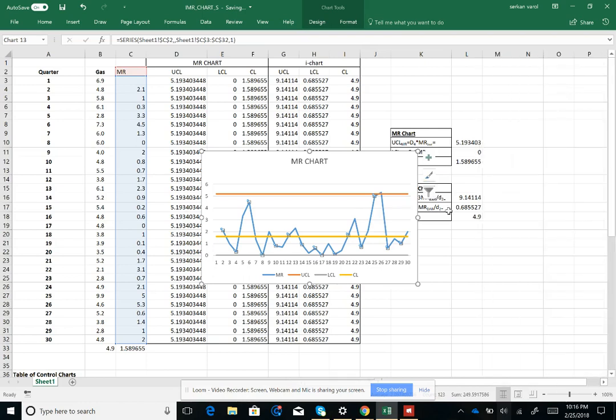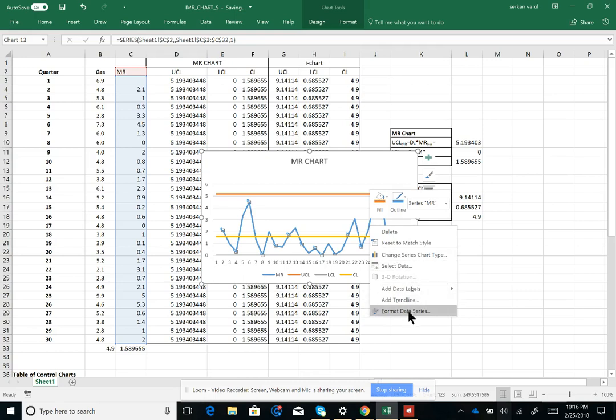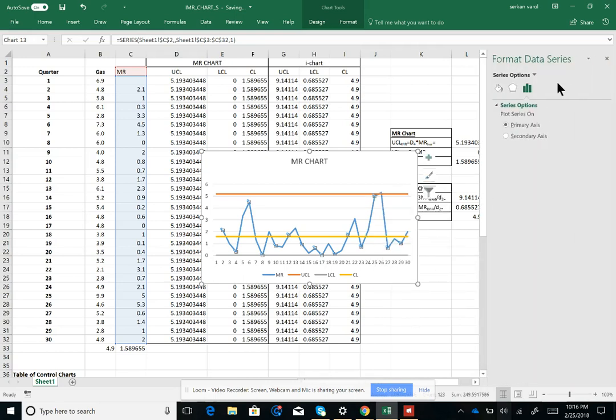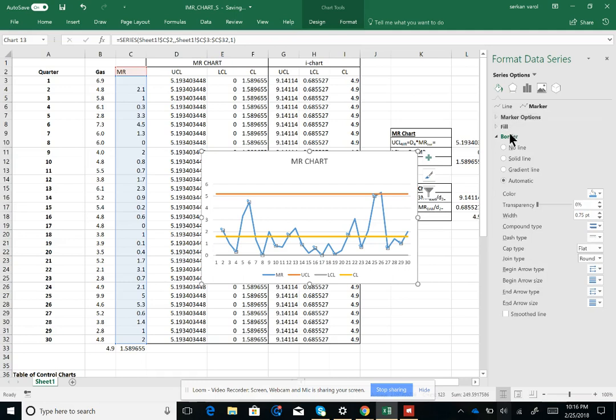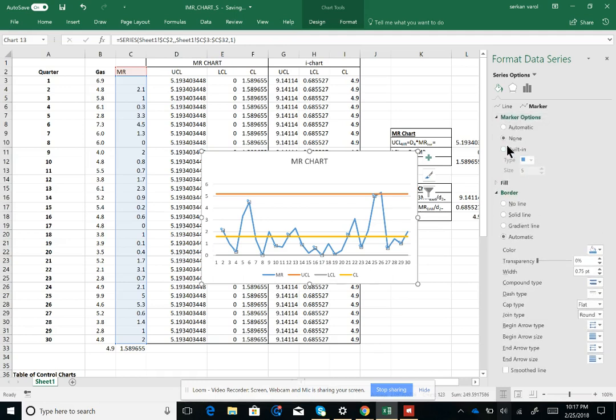Again, if you don't see this format series data box, just right click on it, format data series, then go to the fill and line and click on marker and change this to marker options and click on built-in.